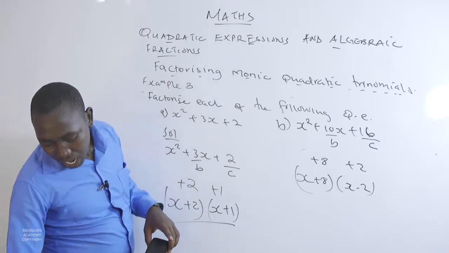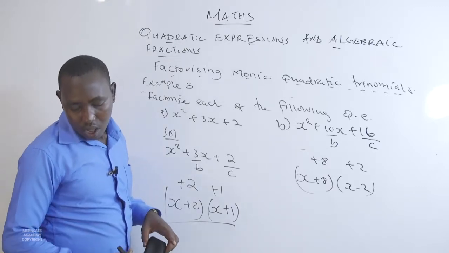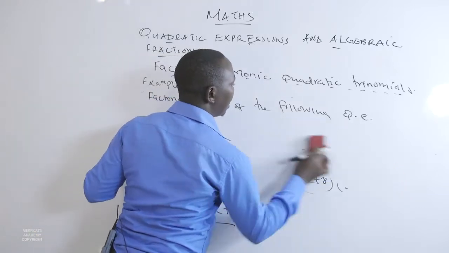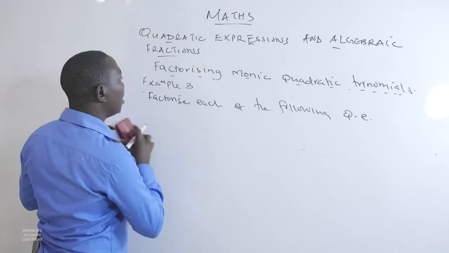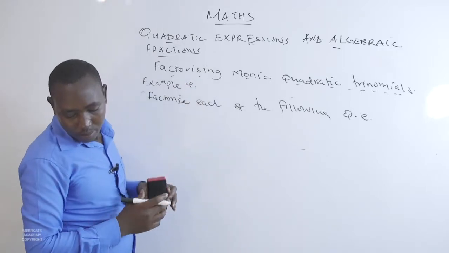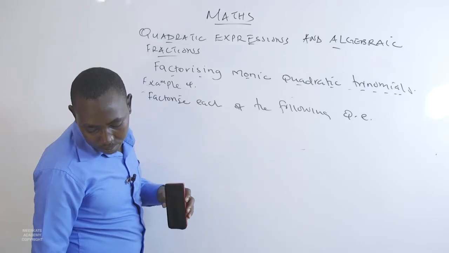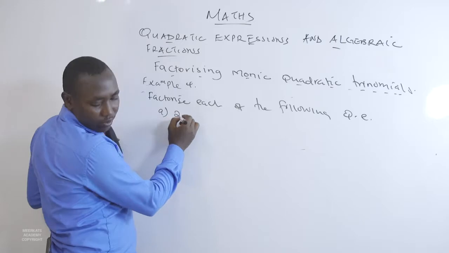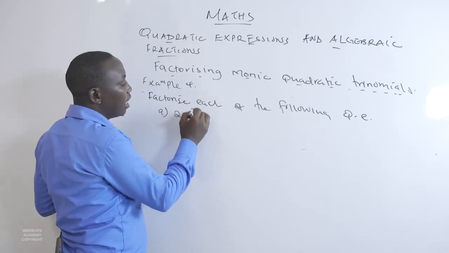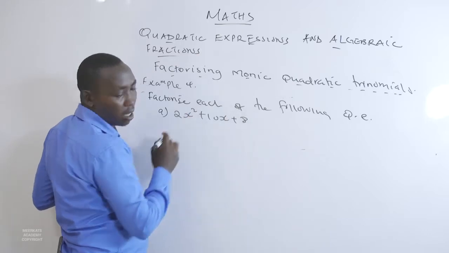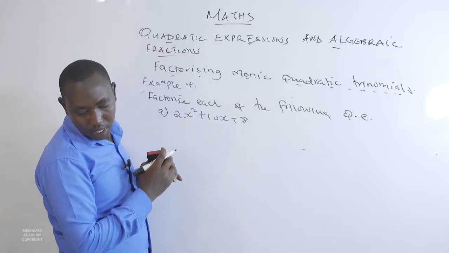We now want to consider a last example on how we can solve monic quadratic expressions. Make it example 4. Part 1, we have 2x squared plus 10x plus 8.